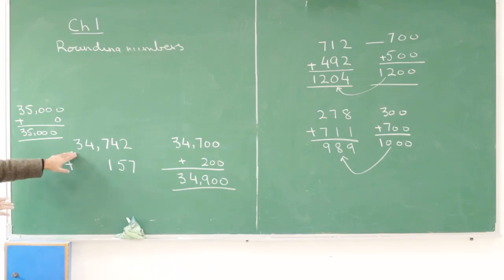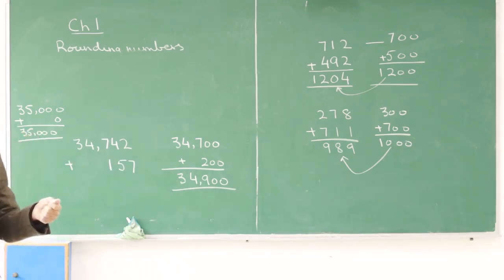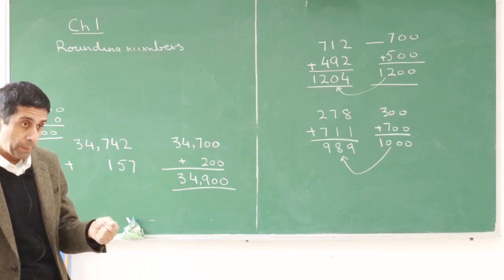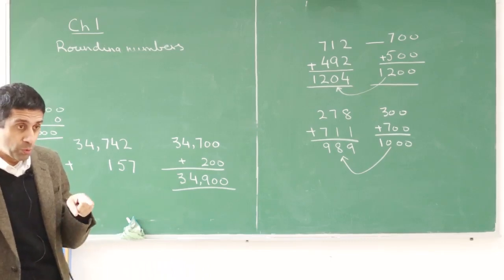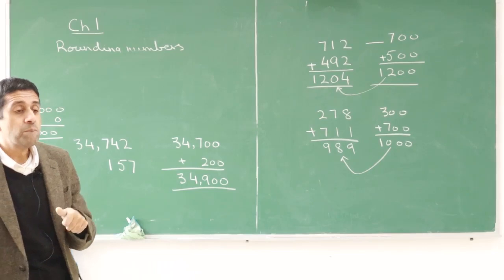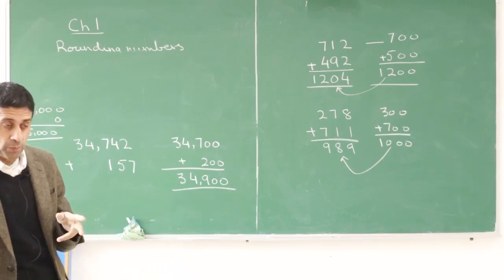First I gave 30,000, then I gave you 4,000, so 34,000 given. Now the question is, do I pay you the 1,000 or not? No. Why? If I don't give it to you, how much do you lose? I lose 742.